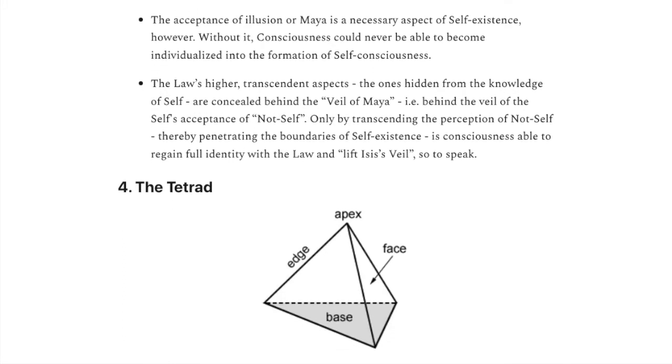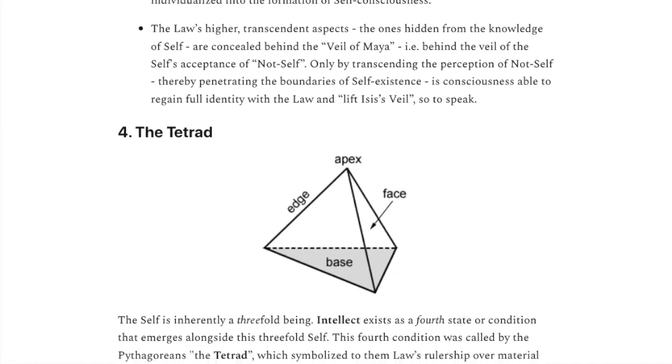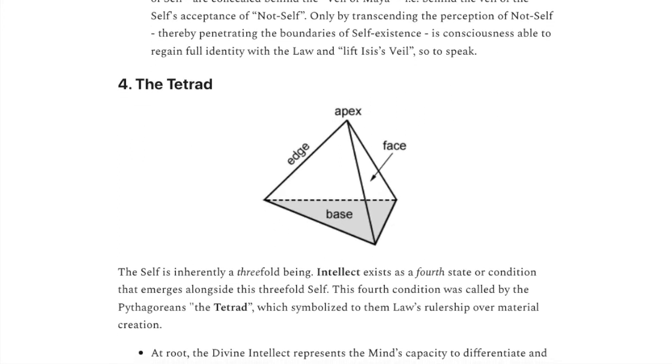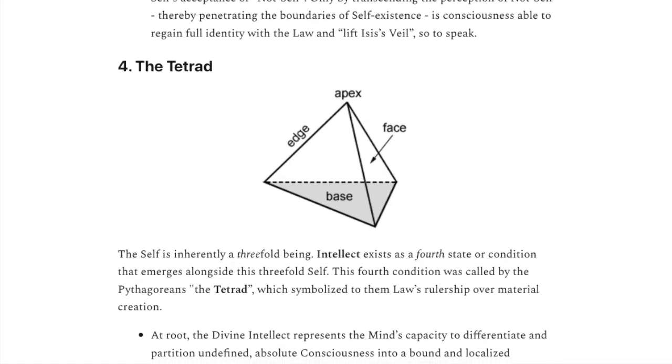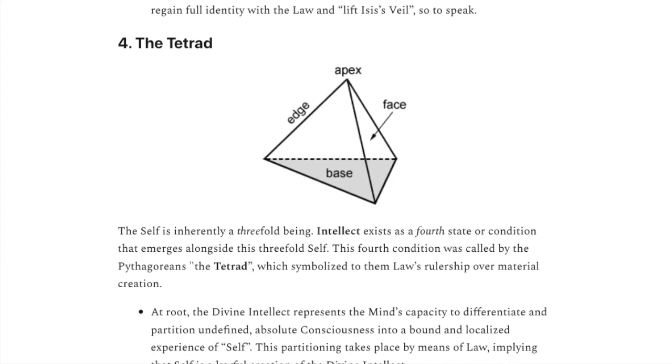The Tetrad, the next section here, part 4. So the Tetrad is the spiritual principle of 4. The self is inherently a threefold being, as we've discussed.